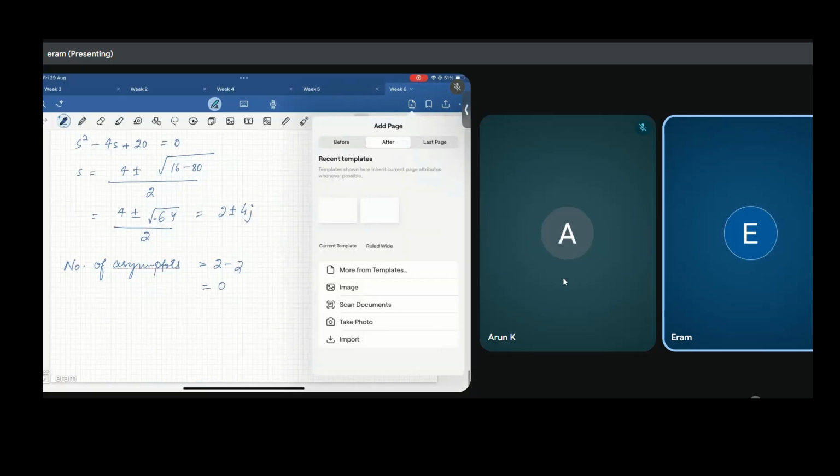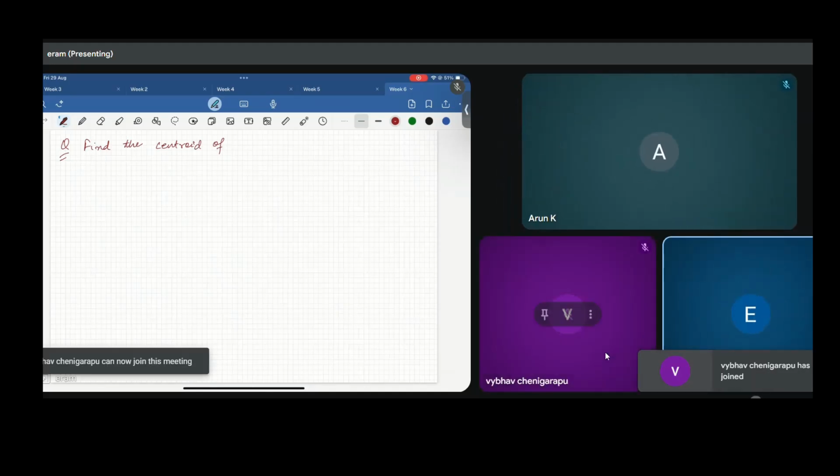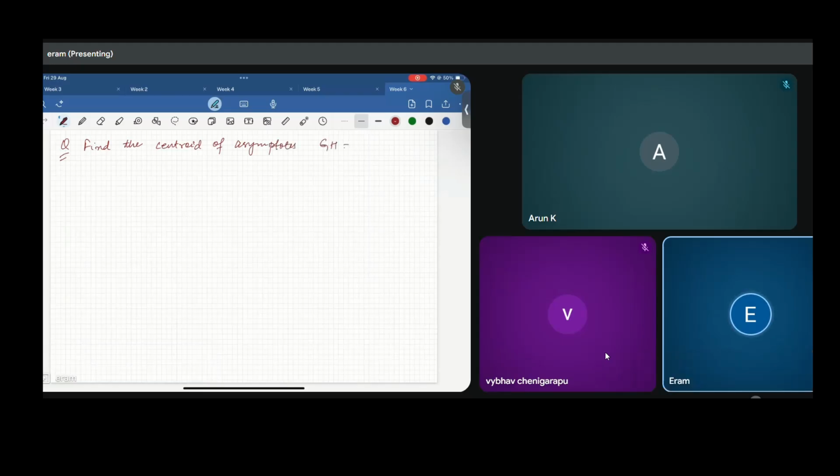Let's solve another question. Find the centroid of asymptotes for the open loop transfer function given as k times s plus 1 divided by s into s plus 2 and s plus 3.